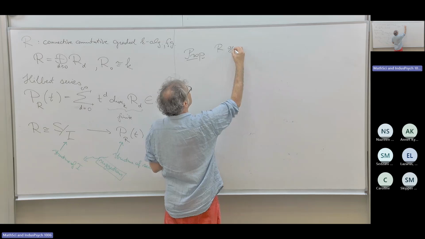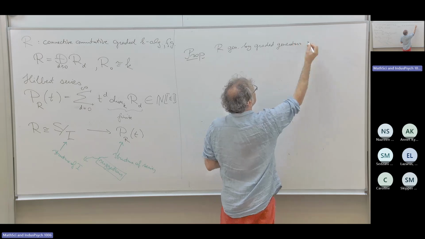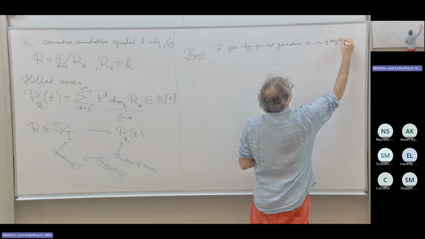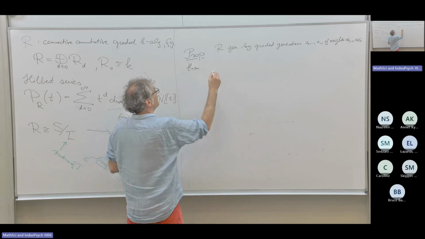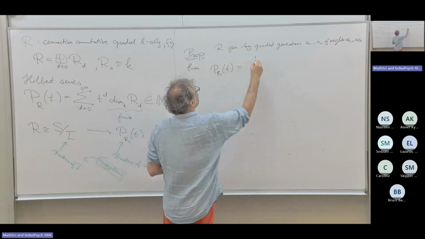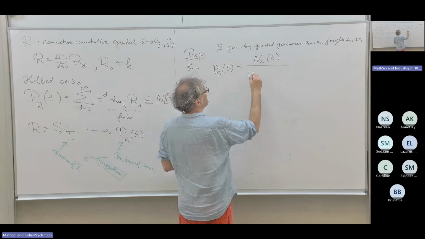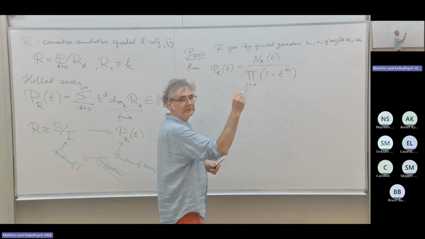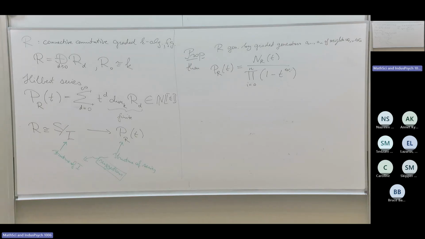So suppose R is generated, as before, by graded generators A_0 up to A_n of weights W_0 up to W_n, as before, and then P_R(t) is some numerator modulo the product of (1 - t^{W_i}), product over the number of variables.